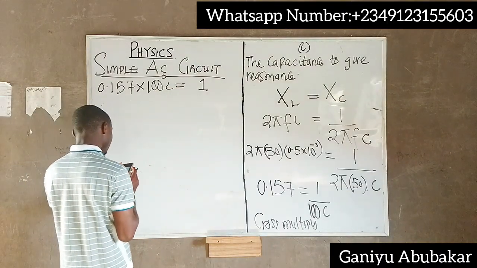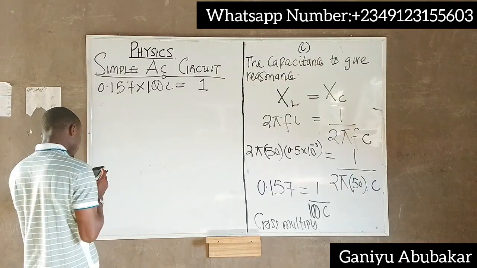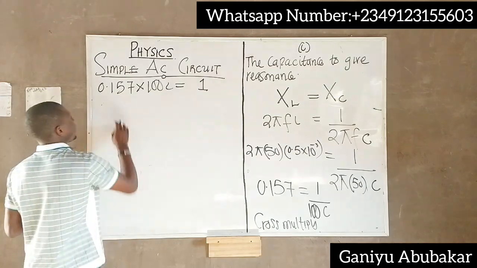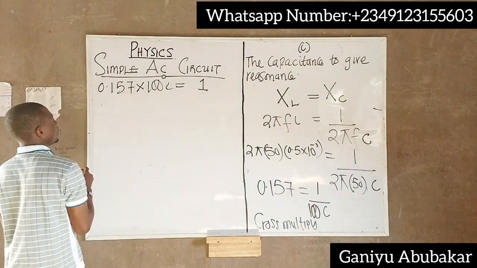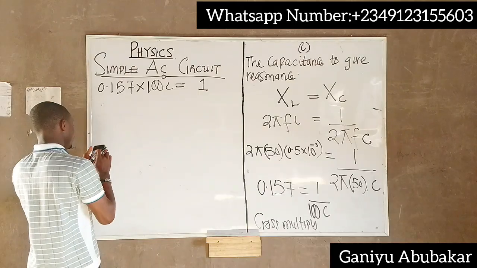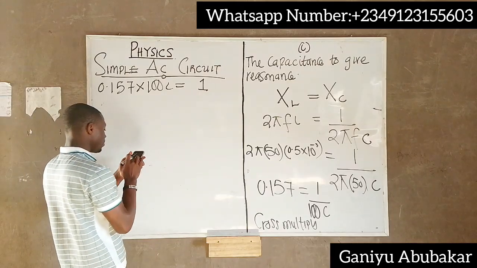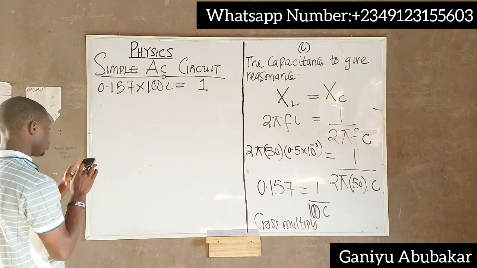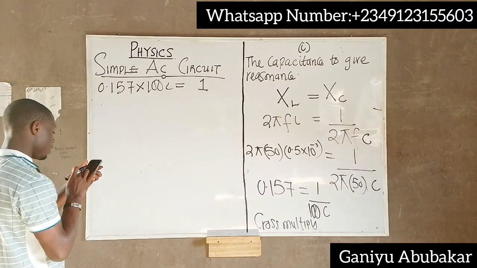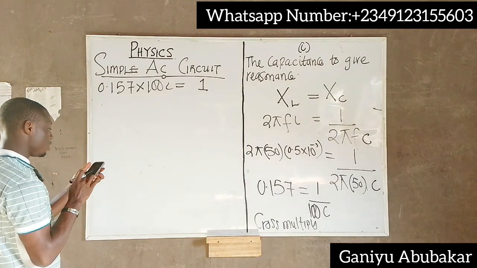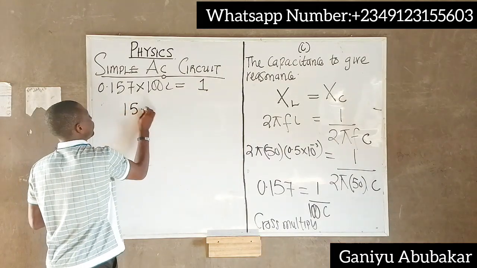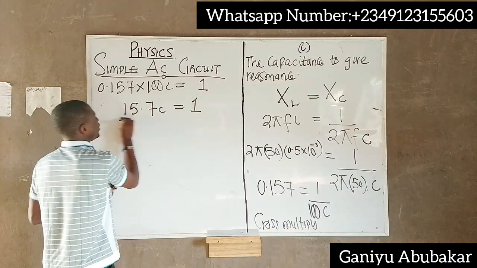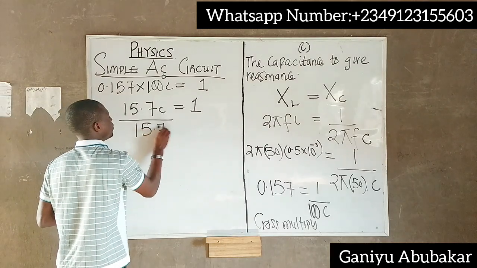Multiply the two together: 0.157 by 100 gives me 15.7C equal to 1. I want to get C, so divide by 15.7.